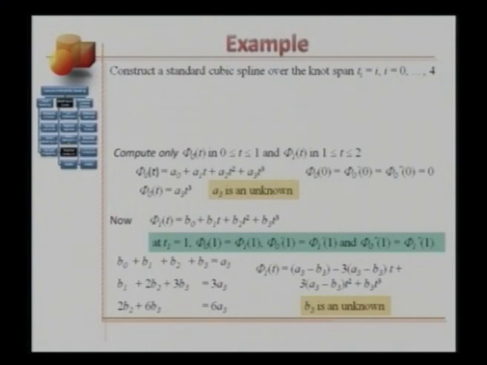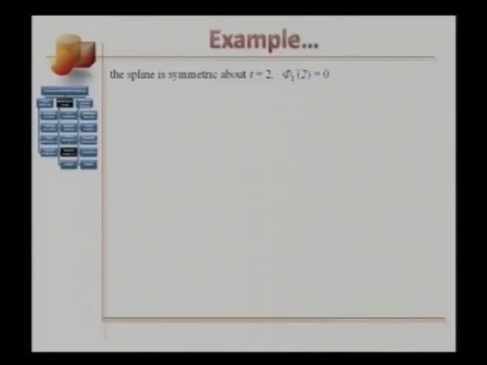Let me give you 2 clues. One, symmetry of the composite spline at t equals 2, and 2, standardization of the spline. Let's use the first condition. The spline is symmetric about t equals 2, which would mean that the slope at that point will be 0.